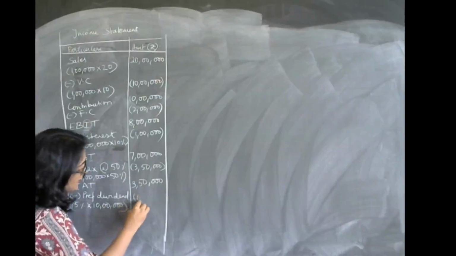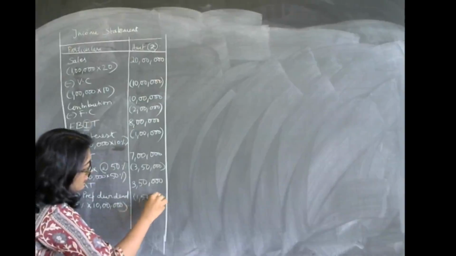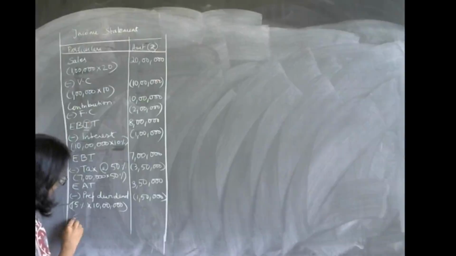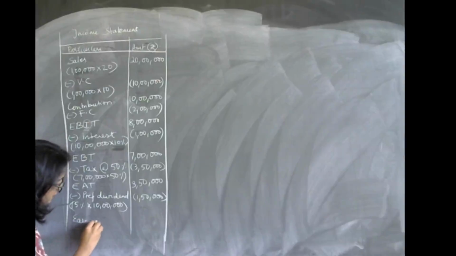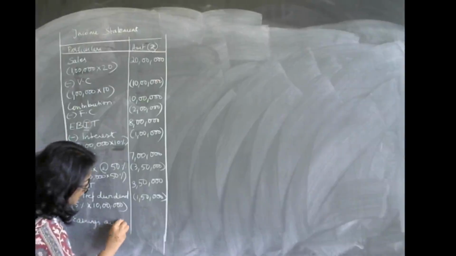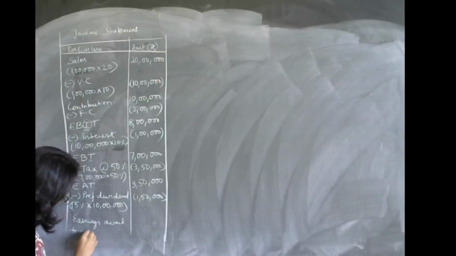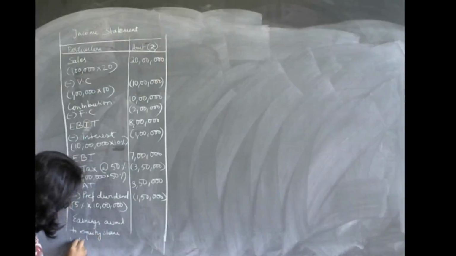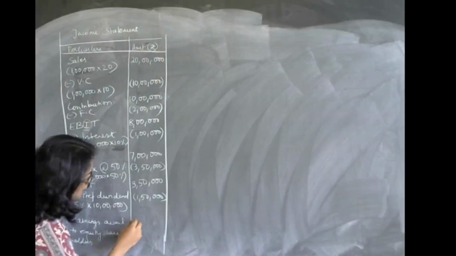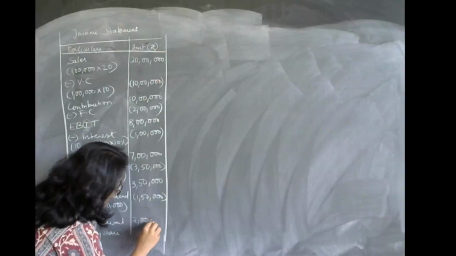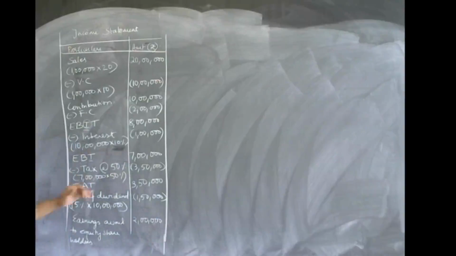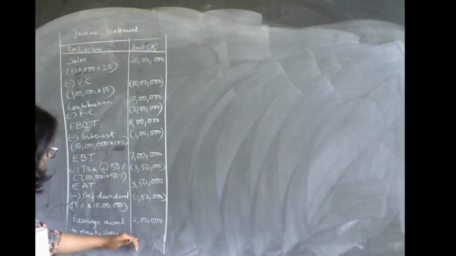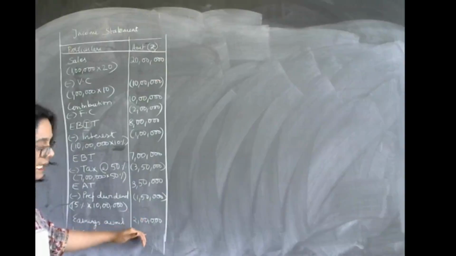It comes to 1,50,000. So 3,50,000 minus 1,50,000, you will get earnings available to equity shareholders as 2 lakhs.